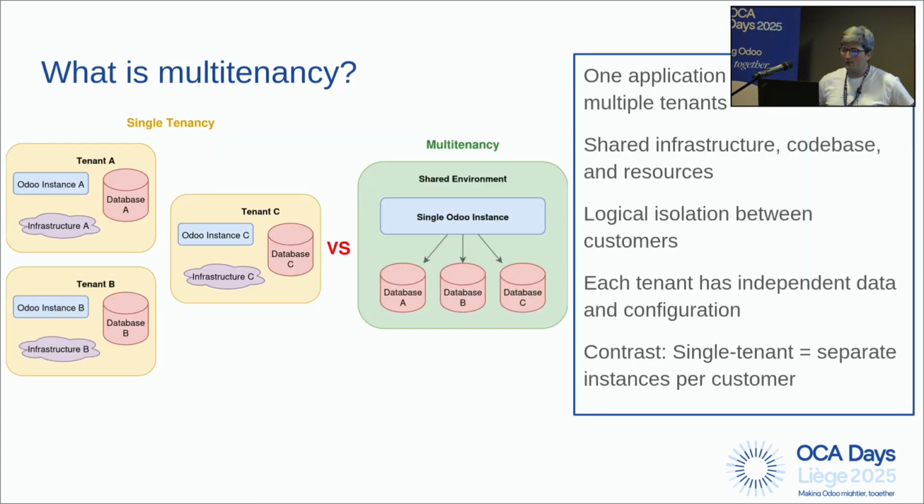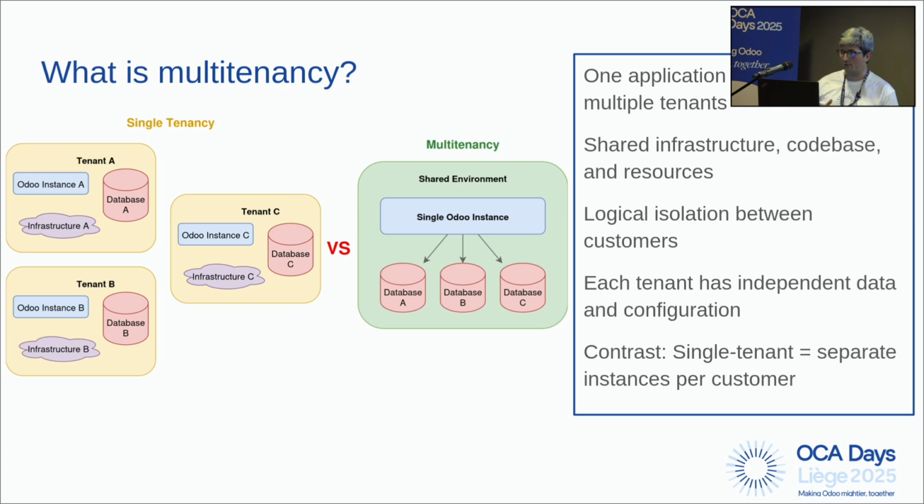Now, before diving into our implementation, let me explain what multitenancy actually means. Multitenancy is a software architecture where a single instance serves multiple customers, called tenants. All tenants share infrastructure, code base, and database, but each is logically isolated with their own data. Think of it like an apartment building versus individual houses.